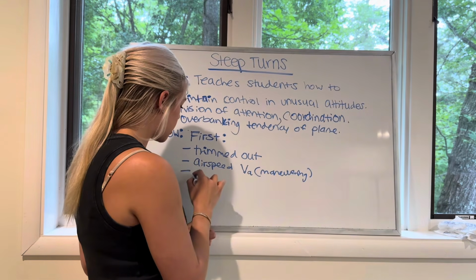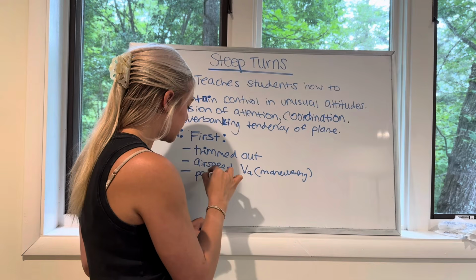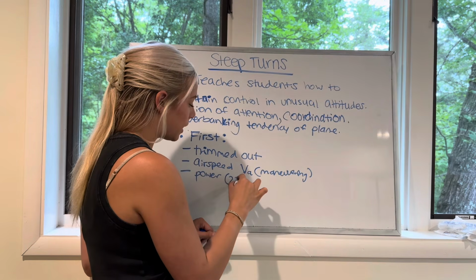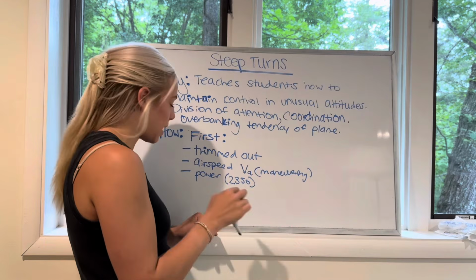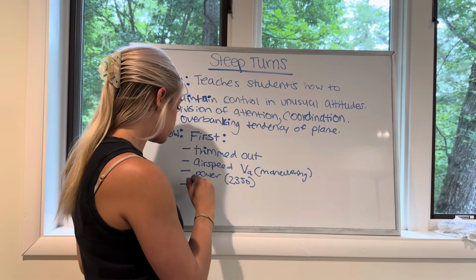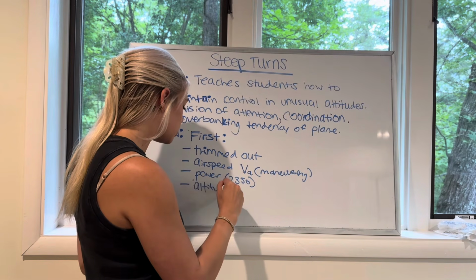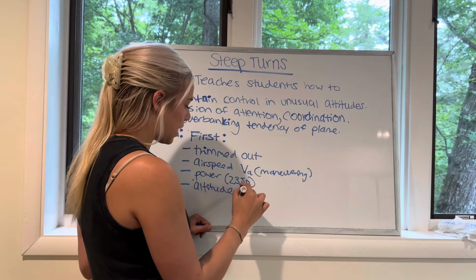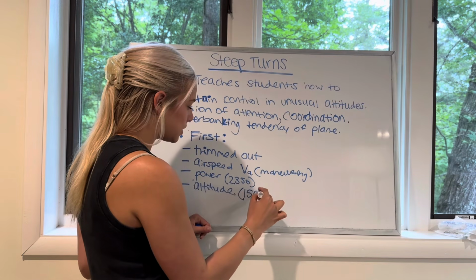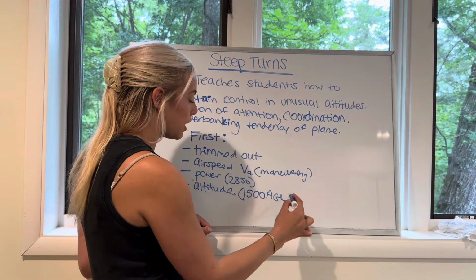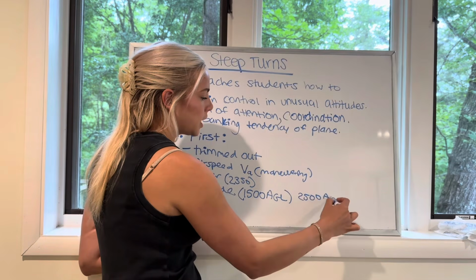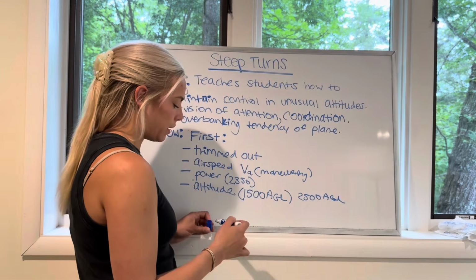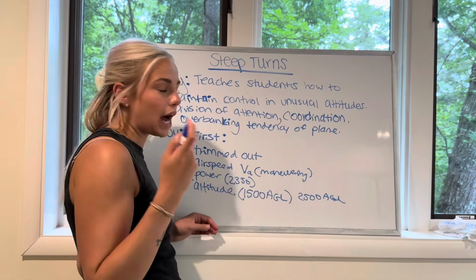Then we're going to want to check on our power. I like to start with mine around normal cruise power, which is 2350 RPMs for my plane. And then I like to check my altitude and make sure that I'm at least 1,500 feet AGL. So in my area, we'd have to be at least 2,500 AGL, but honestly, I might even do it higher than that.